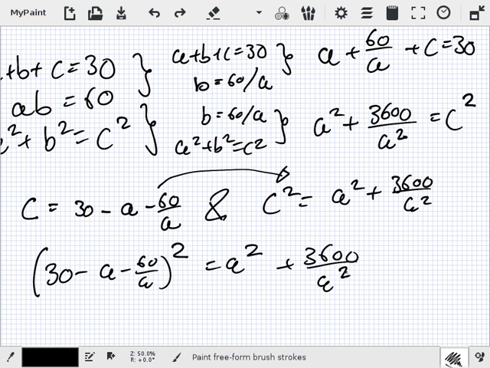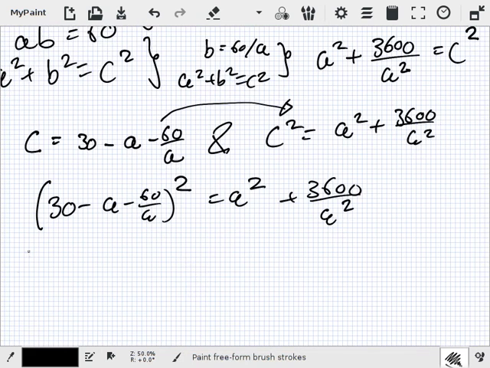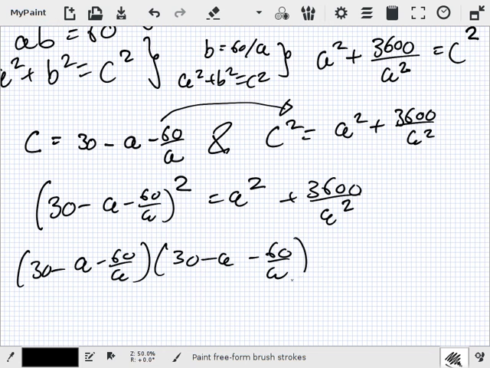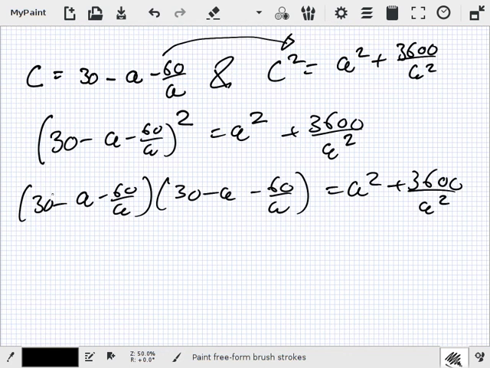Right. Are we ready to expand this? So it's 30 minus A minus 60 over A times 30 minus A minus 60 over A equals A squared plus 3600 over A squared. 30 by 30 is 900. 30 by A is 30A. 30 by 60, what's that? Now I don't want my handwriting to mess me up. 30 by 60 is 1800, is it?